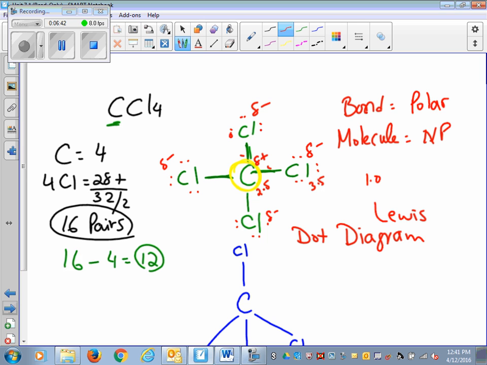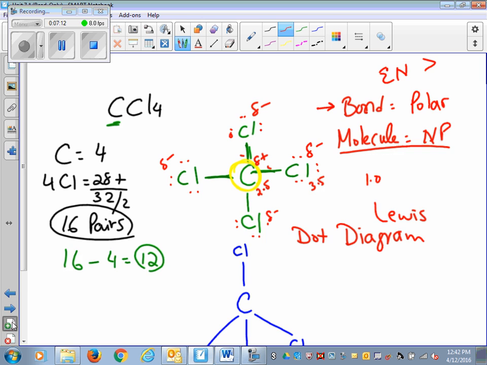So the molecule can overrule the bond polarity. Am I clear with this? For each compound on the next page, you need to tell me if the bond is polar or non-polar, based on electronegativity difference, greater or smaller than 0.5. And then molecular polarity depends on the shape.